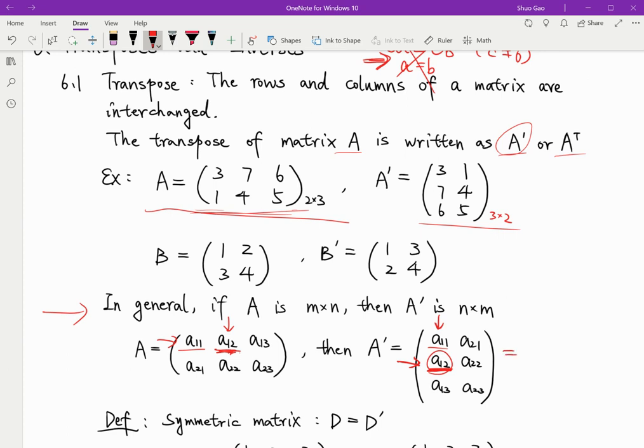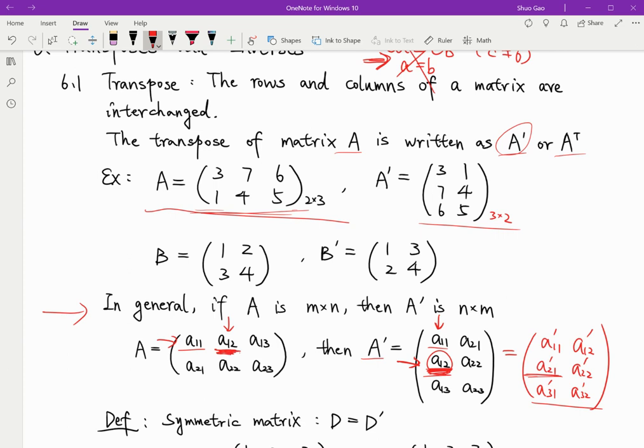If we write out the position of A prime, maybe that's a little bit complicated. All the small a primes here mean the positions of the elements in A prime, right? So we can see that the original A12 becomes the position A21 prime. The rows and columns are interchanged from 1, 2 to 2, 1.